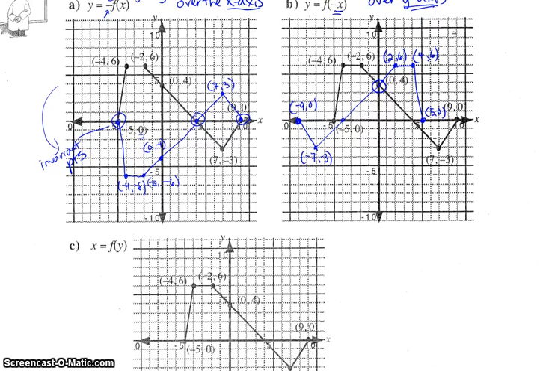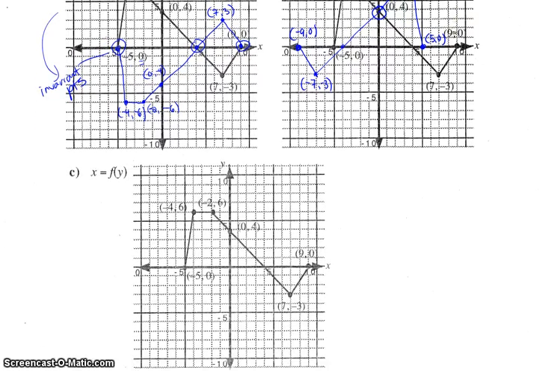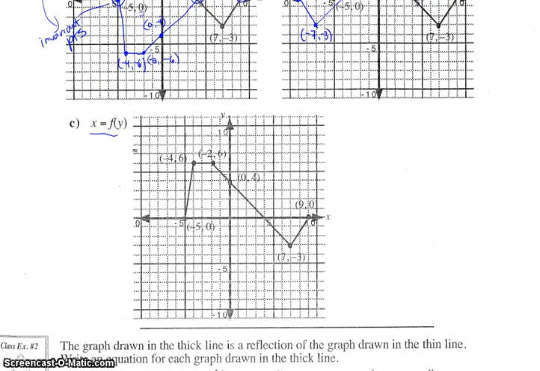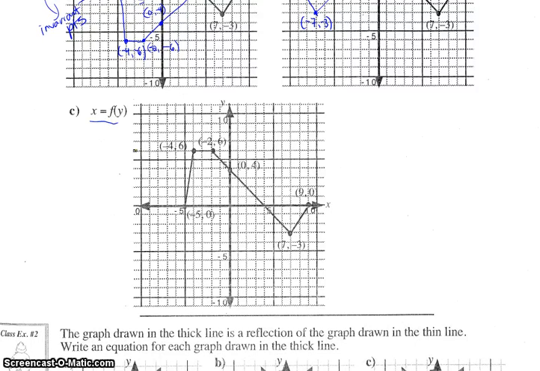Okay, let's look at our last part of this example. Let's look at the equation, and you'll notice our equation now is x equals f at y instead of y equals f of x. So what happened? x and y switched, and that we know is the inverse, and in particular, graphically, it's a reflection over the line y equals x.